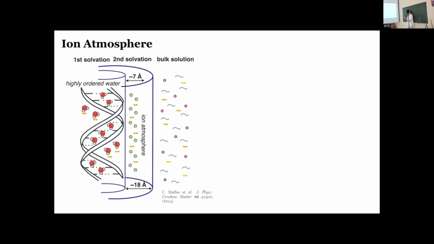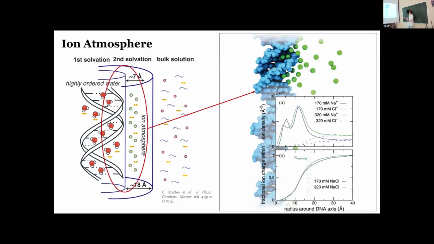This was first predicted by theoretical studies, and later it was confirmed both experimentally and in MD studies as well. Here I want to show an example of an MD study on the ion distribution around DNA in the case of sodium chloride solution.